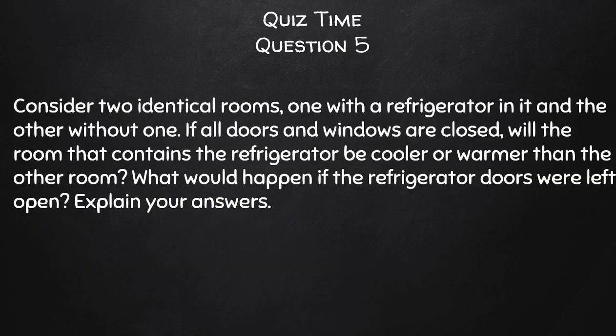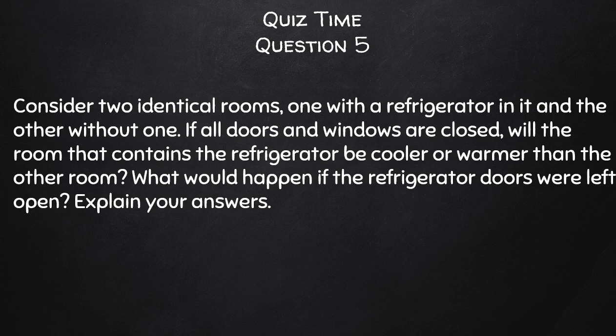Say you have two identical rooms, where one room has a fridge inside of it while the other does not. All the doors and windows are closed. Will the room that contains the refrigerator be cooler or warmer than the other room?